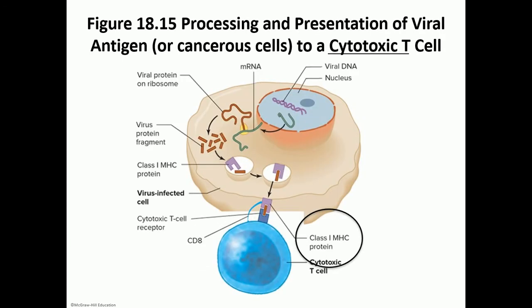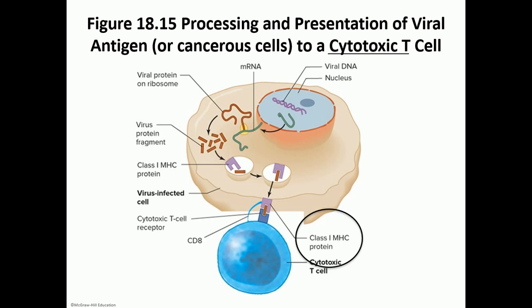Now, what about the cytotoxic T cell? Well, the cytotoxic T cell, which has CD8 on its surface, can only interact with class 1 MHC. The easiest way for me to remember which one needs which class MHC to interact is that when you multiply them, they have to equal 8.